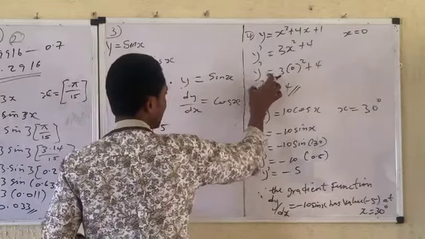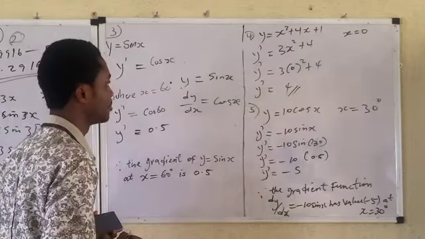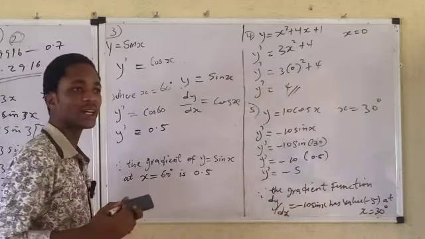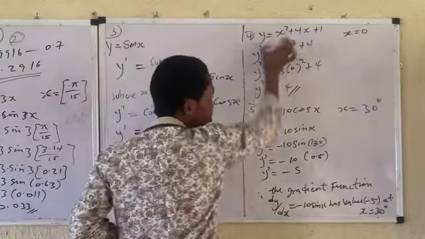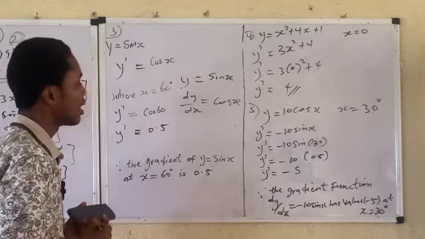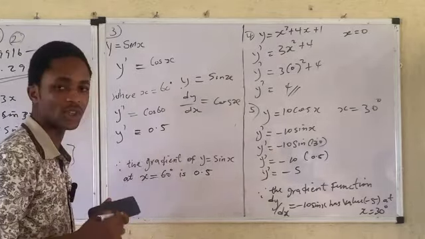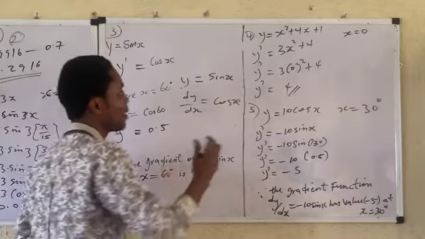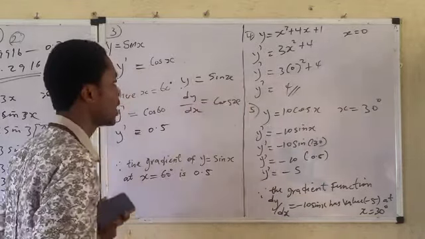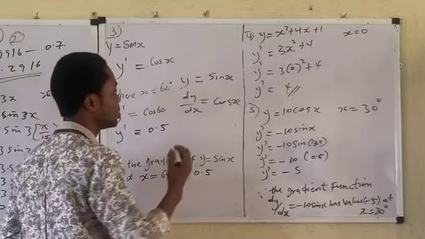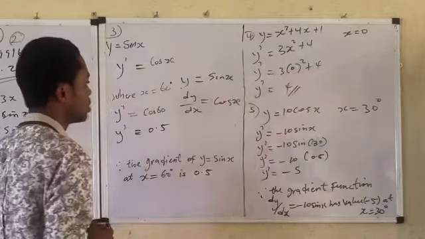Now, finally, y prime equals 4 as our final answer. Remember, the question under gradient is to find the gradient of a particular equation at a point where x is some number. Here, the x given was 0. That is why we had to substitute 0 wherever we see x in this question.